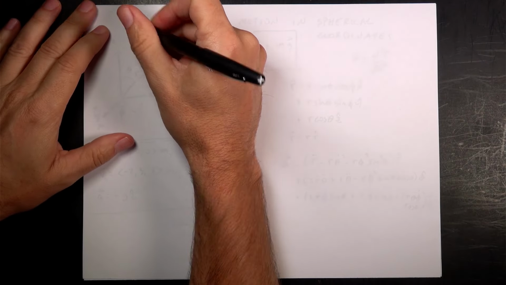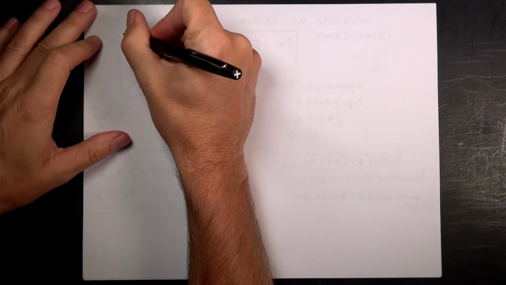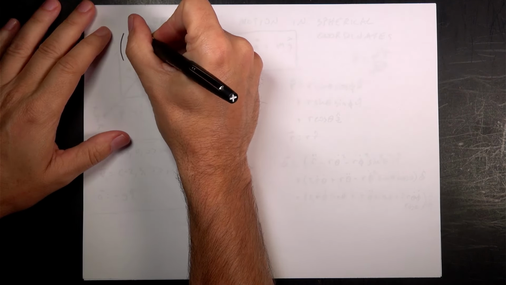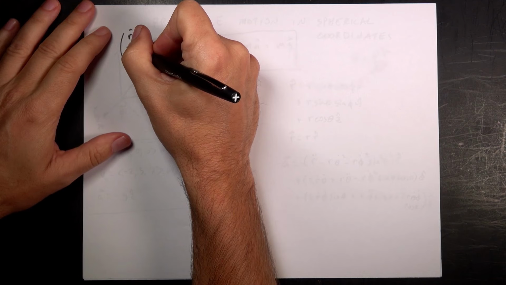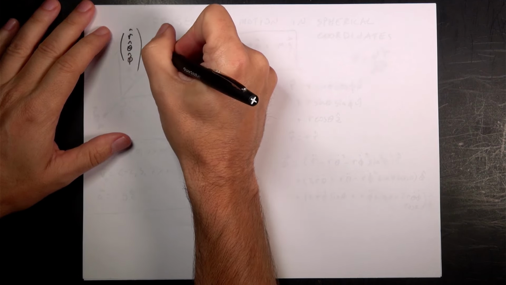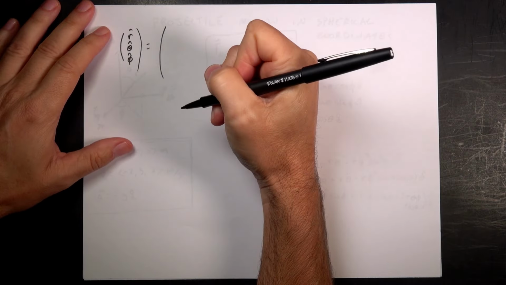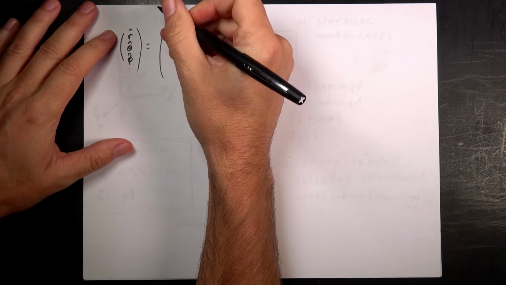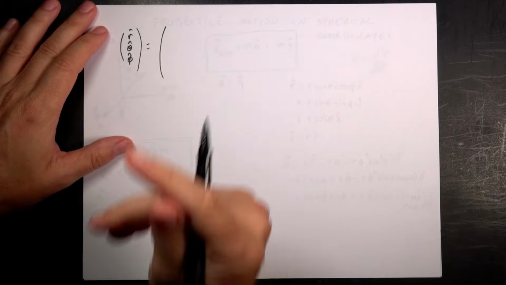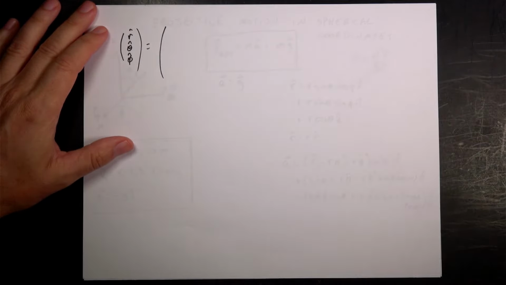So I have this. I'm looking at my notes because I forget what it was. r hat, theta hat, phi hat as a vector equals the transformation matrix of, let me see, yeah, this is it.